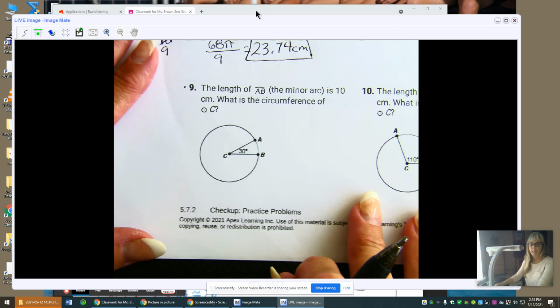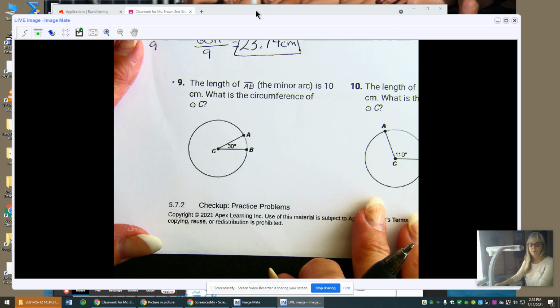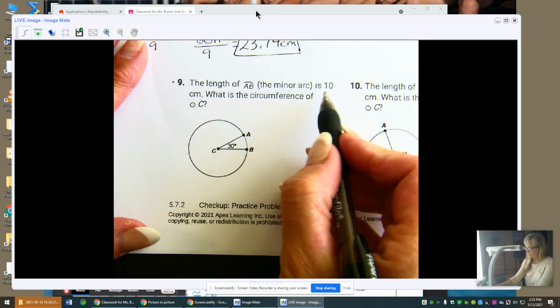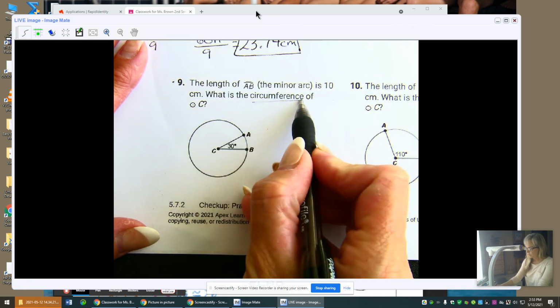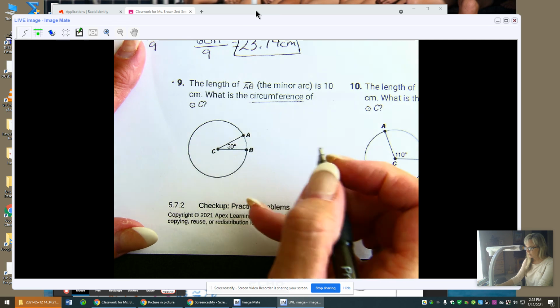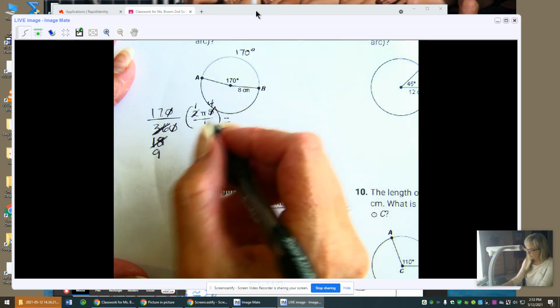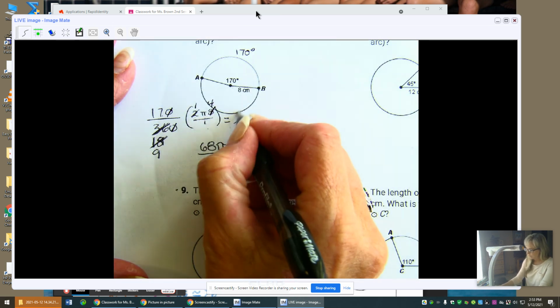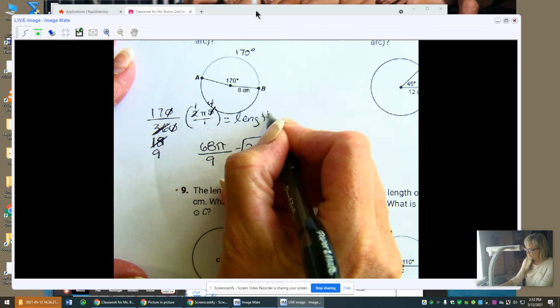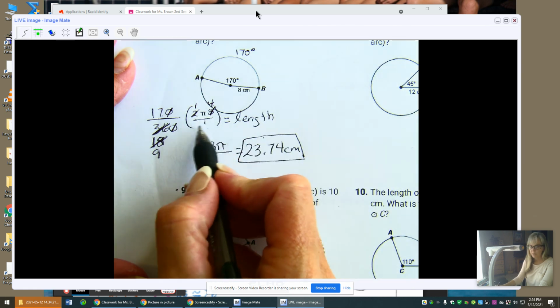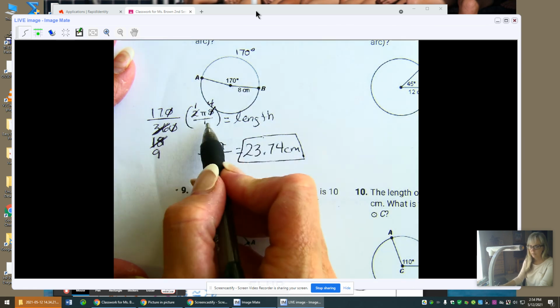All right, number 9. The length of arc AB is 10. This time they give us the length. We have to find the circumference. Well, we're going to use the same setup. Remember, up here, all of this was to find the length, right? And right in here, we put in the circumference, okay?